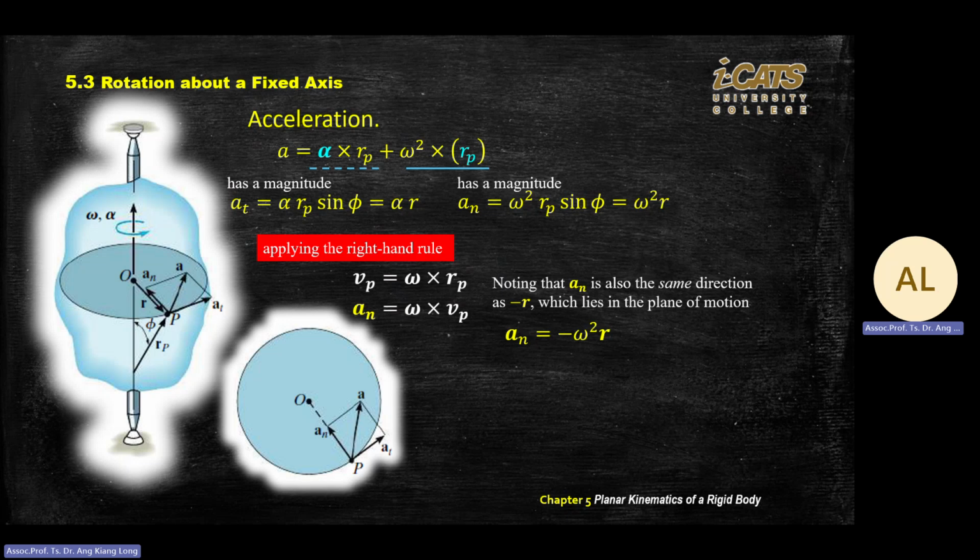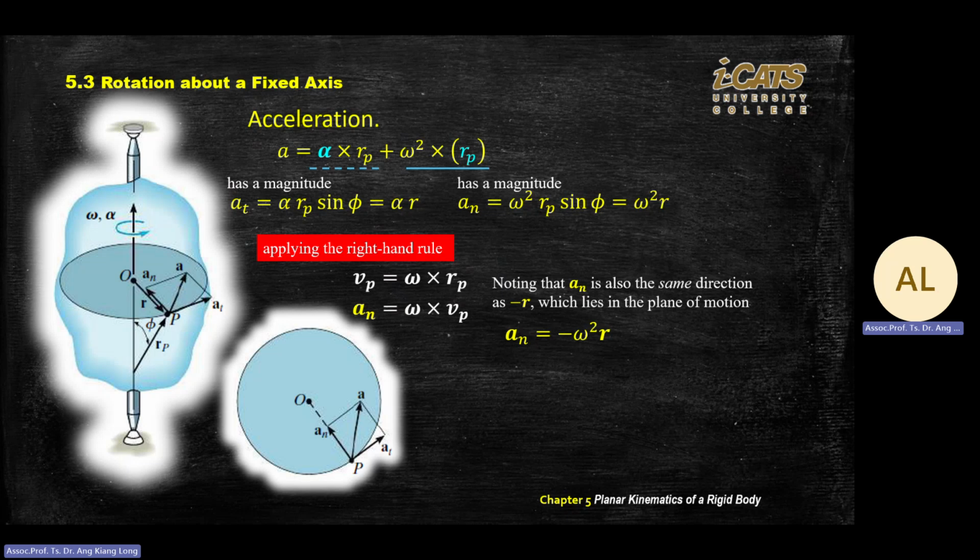Okay. So now, because our R positive direction is always pointing from O outside, but the direction of your normal acceleration is pointing inside, so these are two opposite directions.